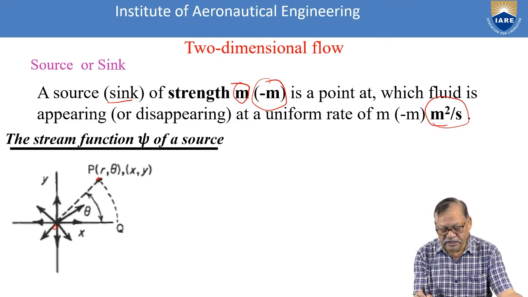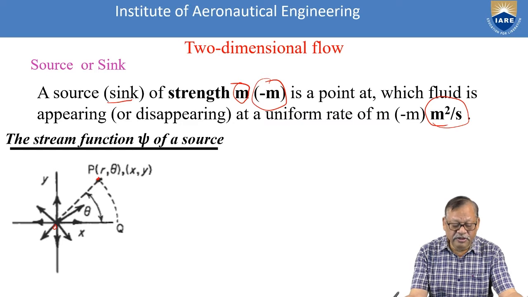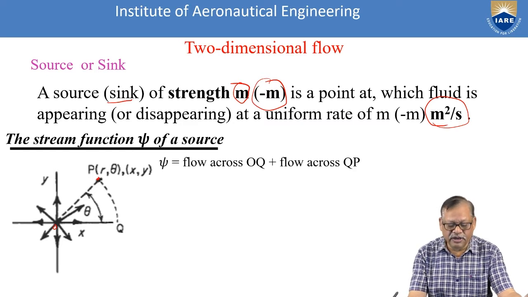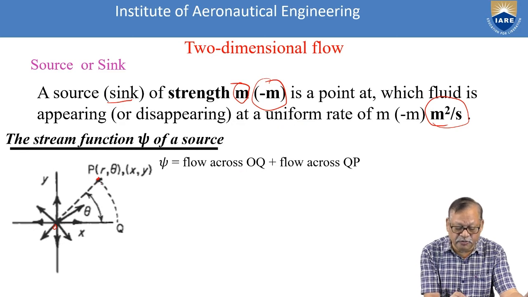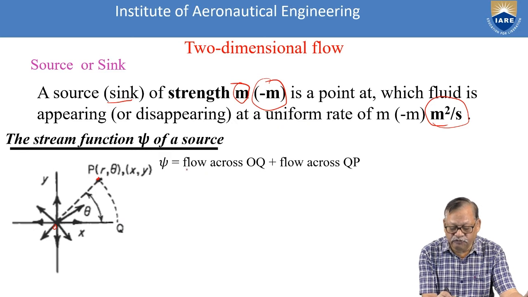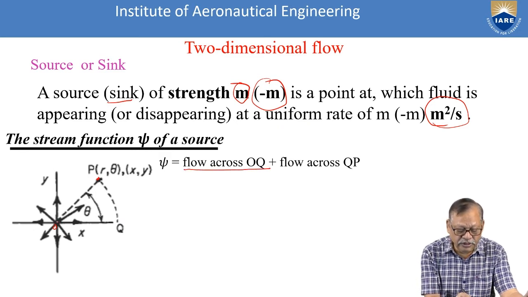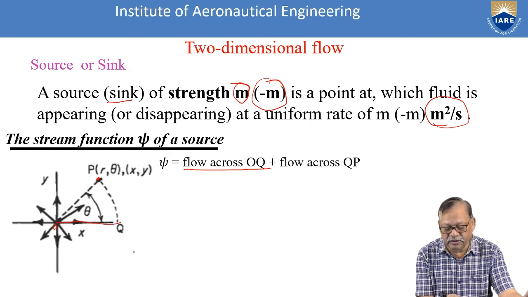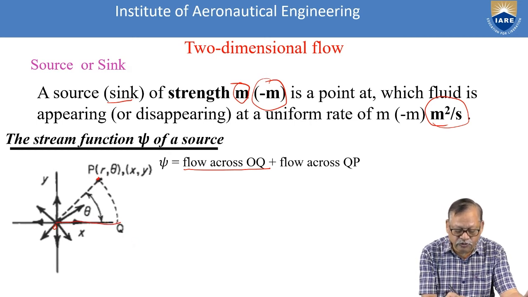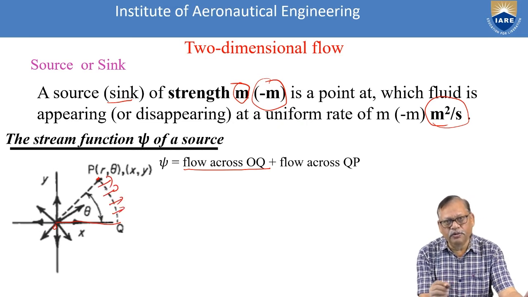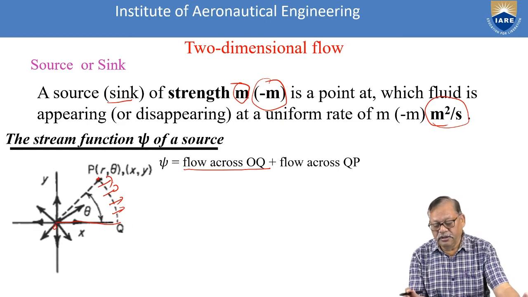So we will consider how much is the flow across OQ, plus how much flow is going out across QP.